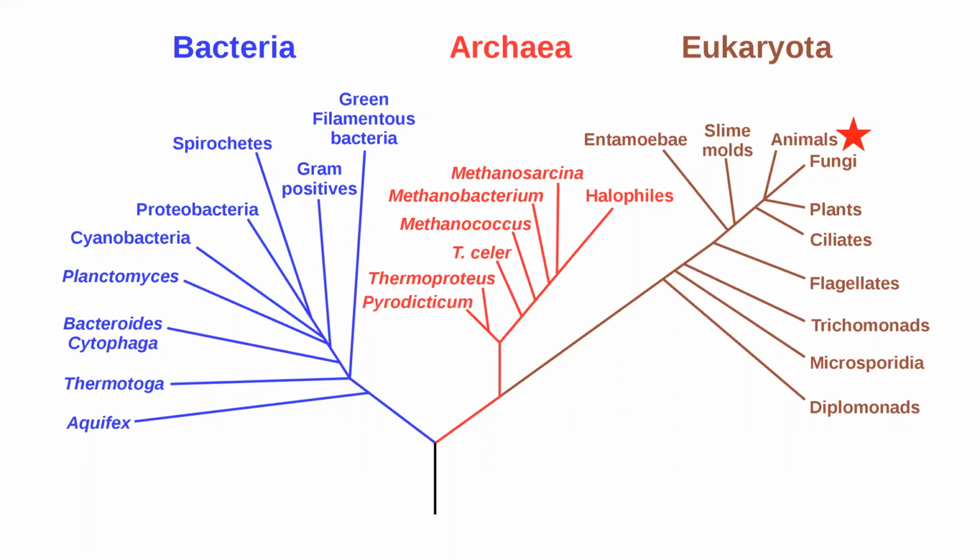To reconstruct this tree of life, the gene sequence encoding the small subunit of ribosomal RNA, which is also called SSU rRNA, or the 16S rRNA, has proven very useful. And the tree, as shown in this picture, relies heavily on information from this one single gene.